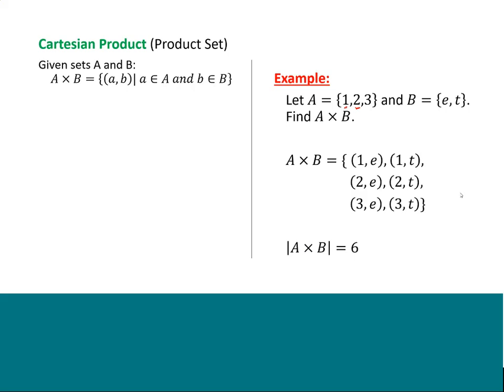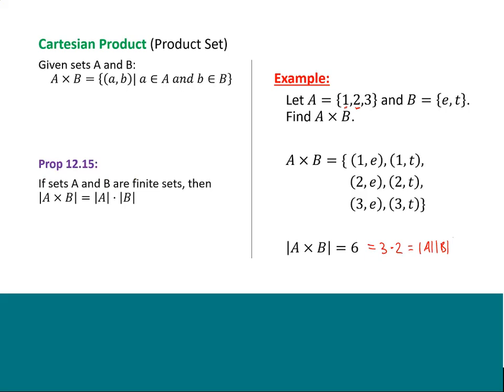It turns out the cardinality of A is 3, the cardinality of B is 2, and when you're writing out all the different possibilities of these ordered pairs that we can build, there is a property that says as long as the 2 sets A and B are finite sets, so you can actually count up how many elements are in there, the cardinality of the cross product is exactly the product of the cardinality of A and the cardinality of B. And yes, that's crazy to talk about.